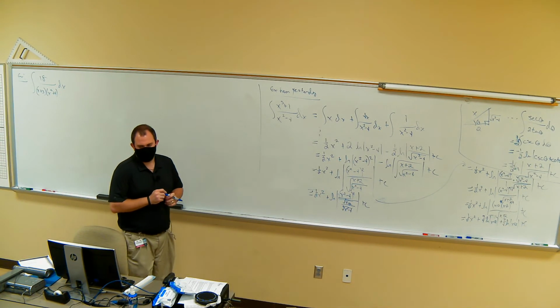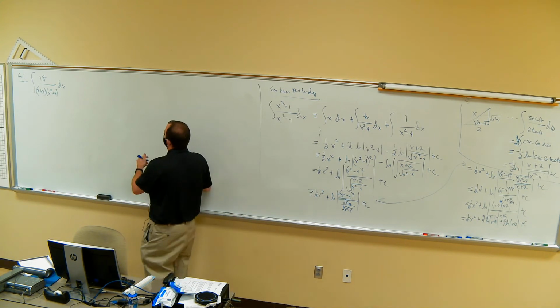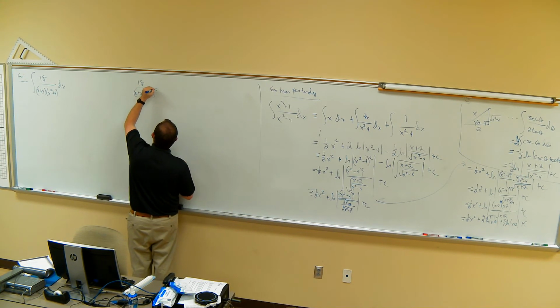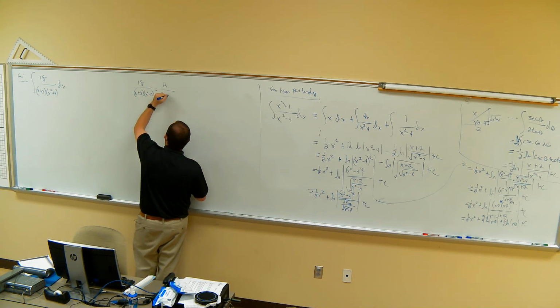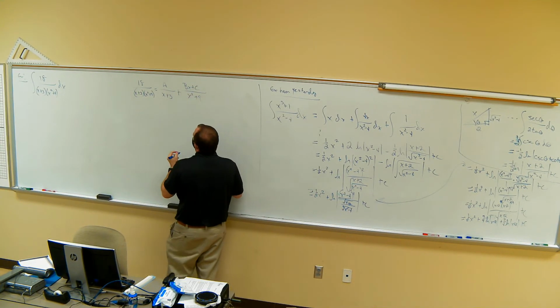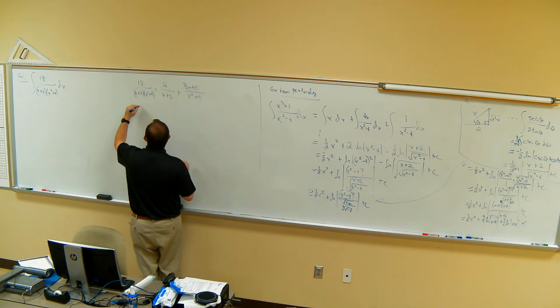Cool. So you can have that 18 over (x plus 3)(x squared plus 9) equals A over x plus 3 plus Bx plus C over x squared plus 9. Good. And then multiply by the common denominator, etc.